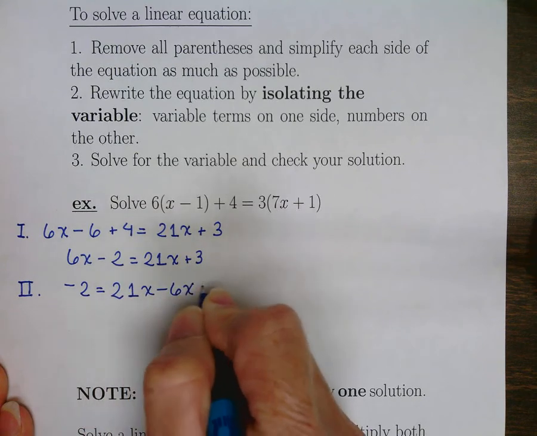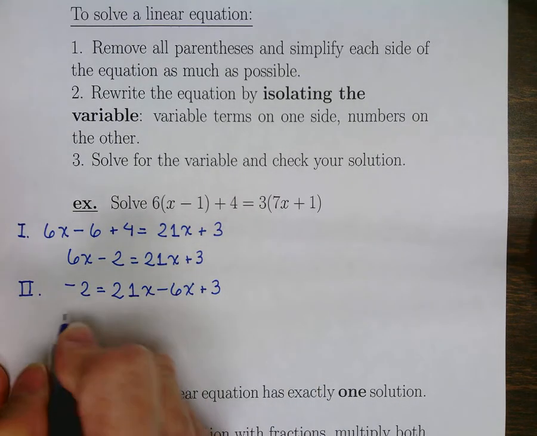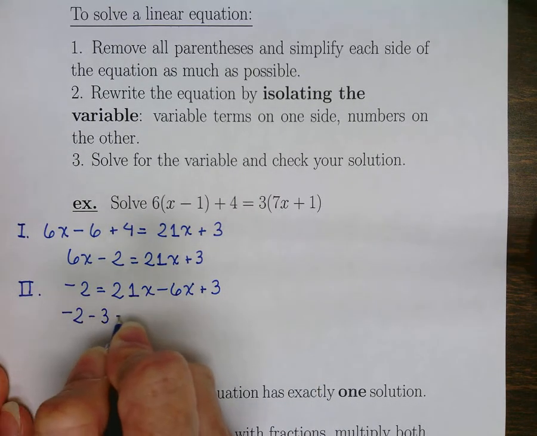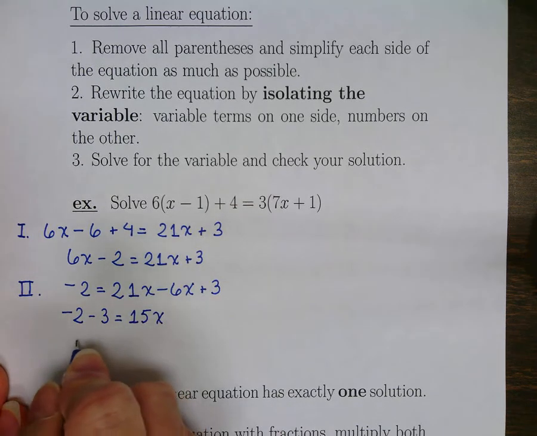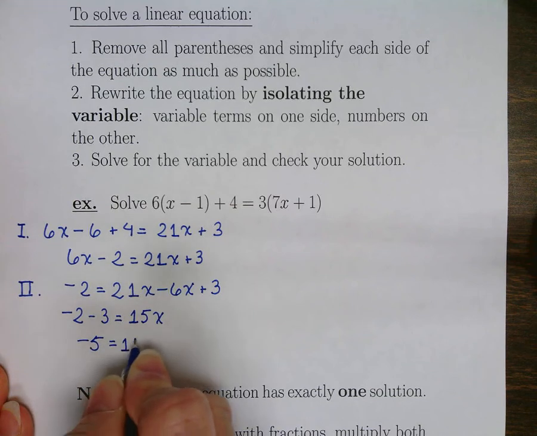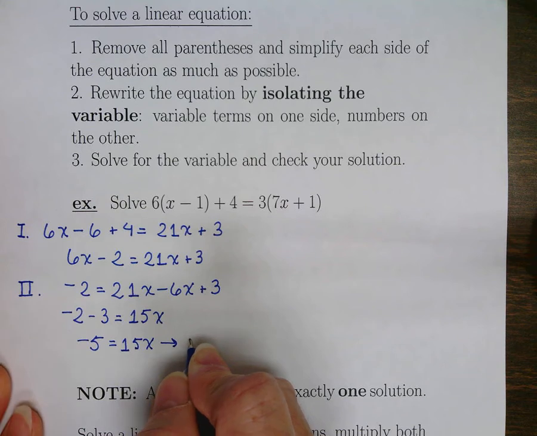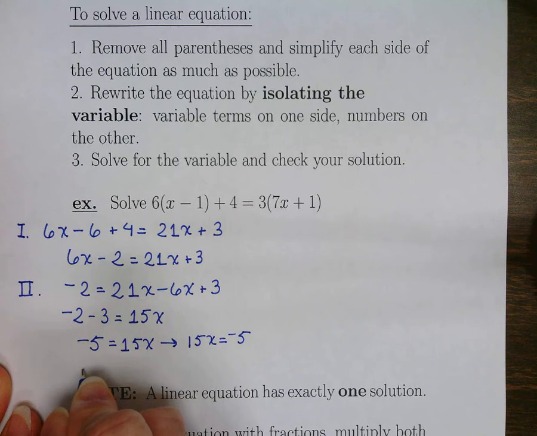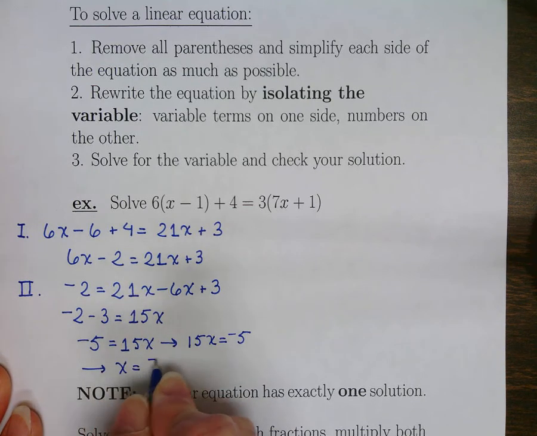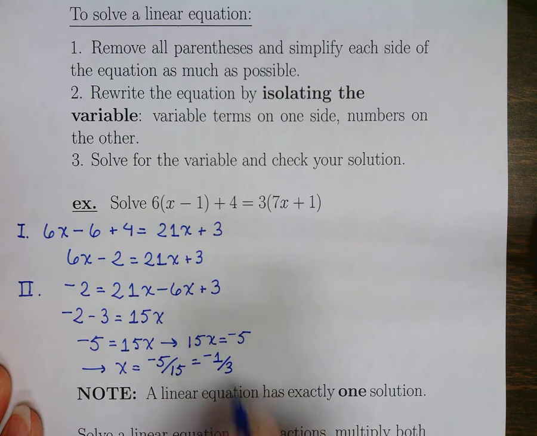You see, that will keep my x term positive. And then I can subtract 3 from both sides, and that isolates my variable. So negative 5 equals 15x, which is the same thing as saying 15x equals negative 5. And if I solve that, I simply divide by 15, and I get x equals negative 5 over 15, which equals negative 1/3.